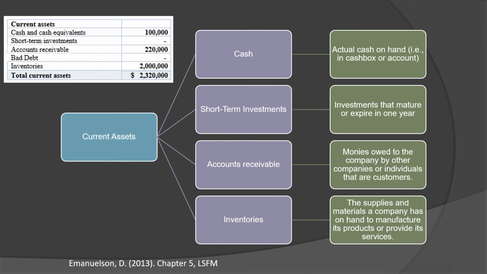The organization has no short-term investments, so they have no investments at all that are going to expire in one year. We can tell that by the little dash. That means not applicable, nada. And then we have accounts receivable. Again, that's money owed. So that means $220,000 is owed to the company.